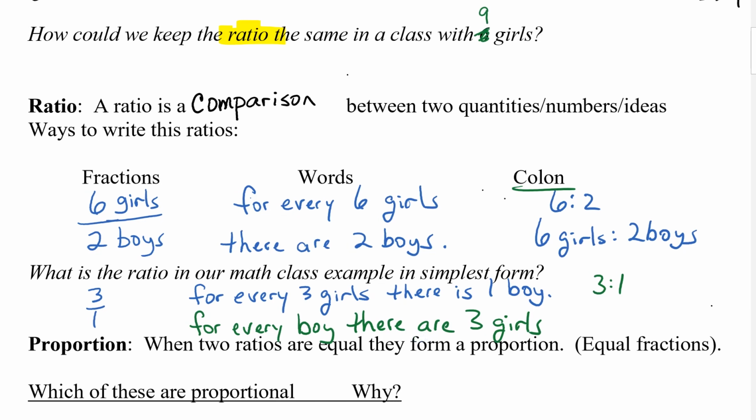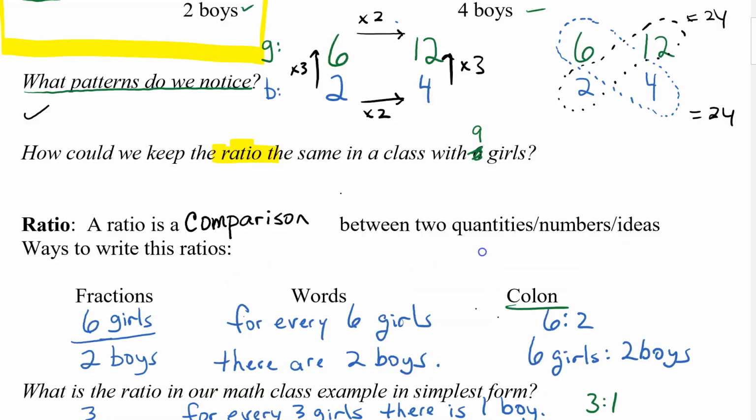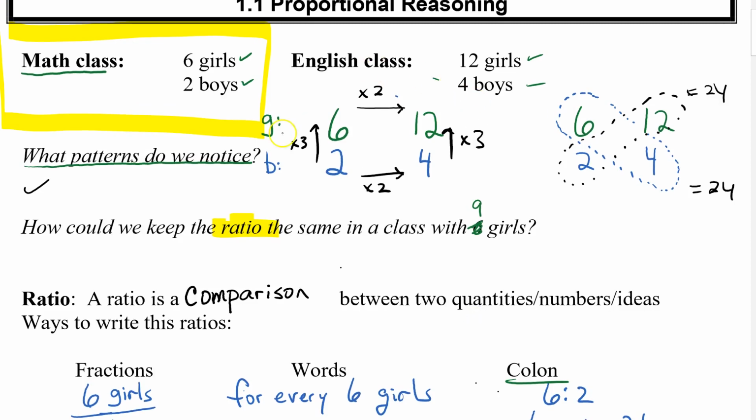What's a proportion? When 2 ratios are equal, they form a proportion. So an example here, we had 6 over 2 is equal to 3 over 1. In fact, in our original example, the reason why we got these patterns was because these are proportional.